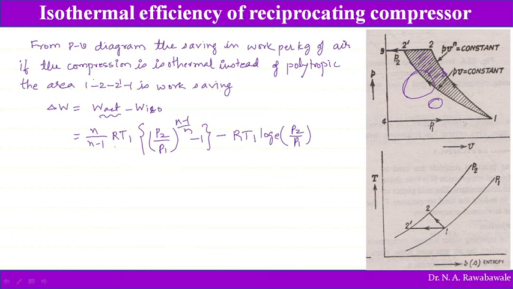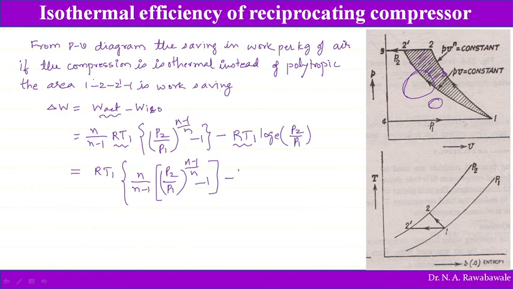So we can take RT1 as common. So this is RT1 in bracket, N divided by N minus 1 into P2 divided by P1 to the power of N minus 1 divided by N, minus 1, minus log to the base e P2 divided by P1.